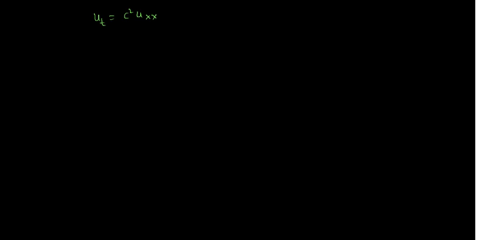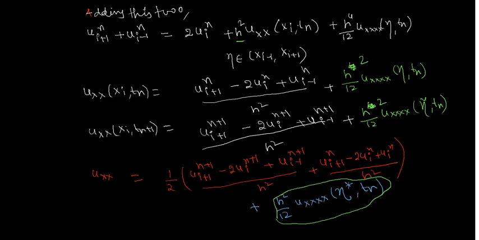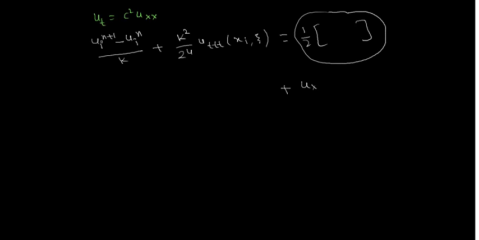From here, u t will be nothing but u i at n plus 1 minus u i at n divided by k, plus some k square by 24 u tt at some zeta n, and this equals the big expression, plus your error, that was h square by 12 u xxxx at zeta, tn.